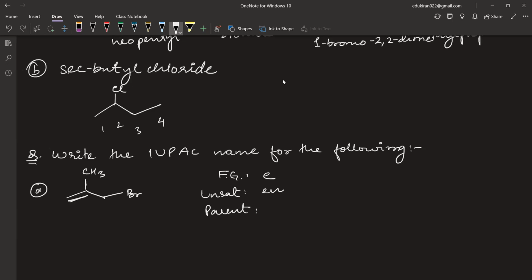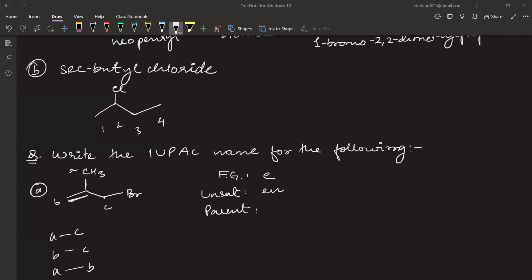Okay. Parent में देखिए, we have three terminals A, B, and C. Tell me, what should I do? A to C वाला लेना है, B to C वाला लेना है, या A to B वाला लेना है? Which will be our parent?